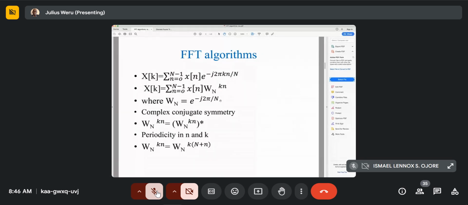So it means if you square Wn, it simply becomes W sub n over 2. W sub n squared is actually W sub n over 2. Did it make sense?